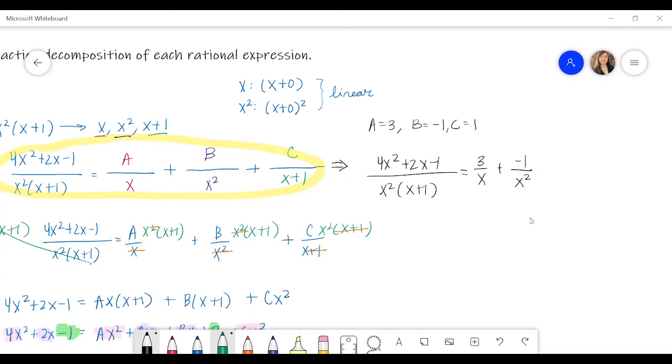Again, you could write -1 over x squared. This just tends to be the formatting. Plus 1 over x plus 1. And that's it.